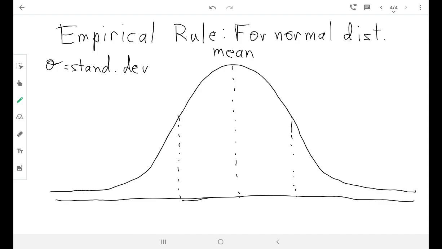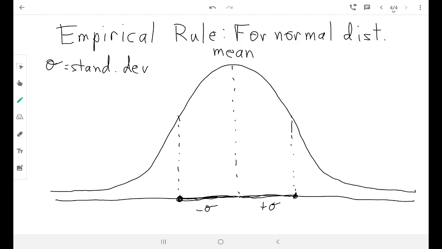So from here to here is one standard deviation of distance, and it's a negative standard deviation. From here to here is a positive standard deviation away from the mean. So when you get to here, you've gone one standard deviation away from the mean, either in the positive direction or the negative direction. That is, the numbers are either going up or down.